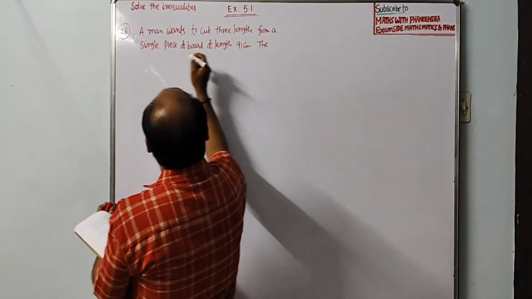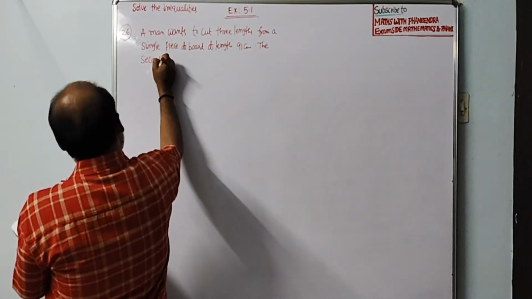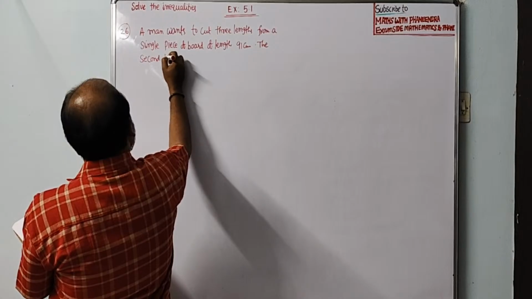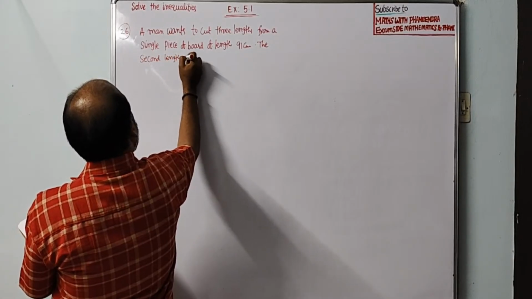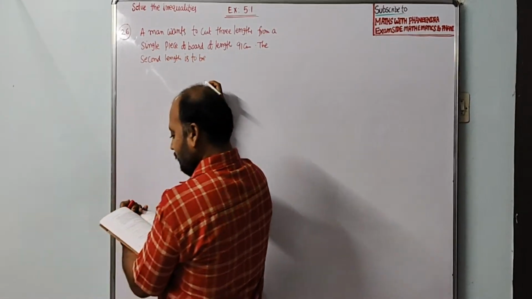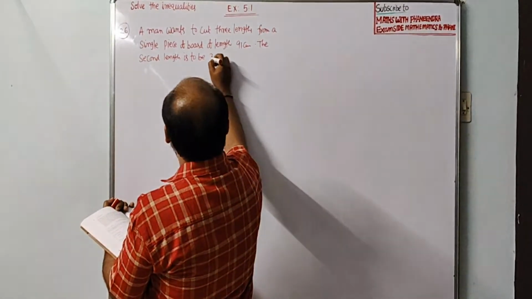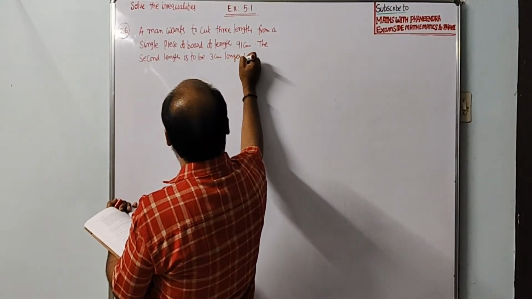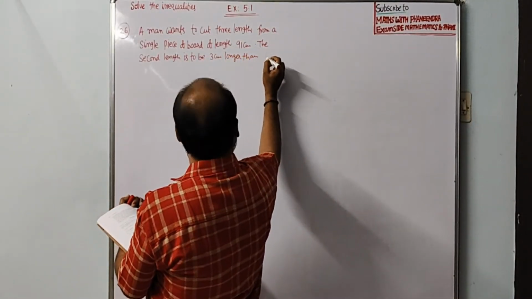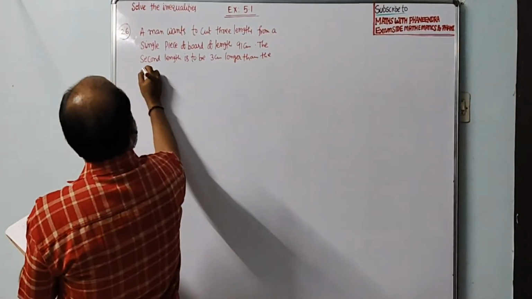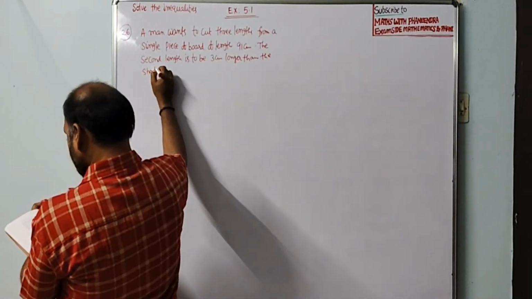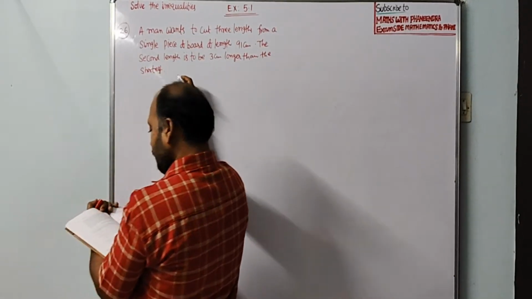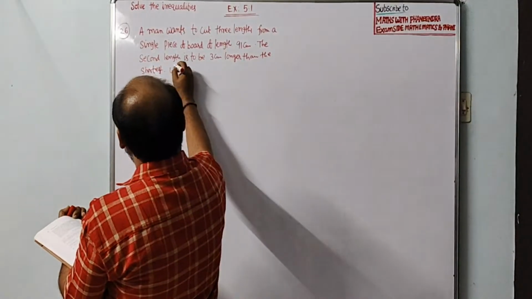The second length is to be 3 centimeter longer than the shortest. What are the possible lengths?